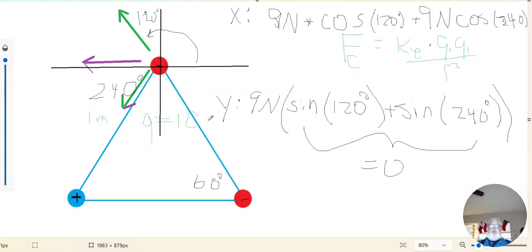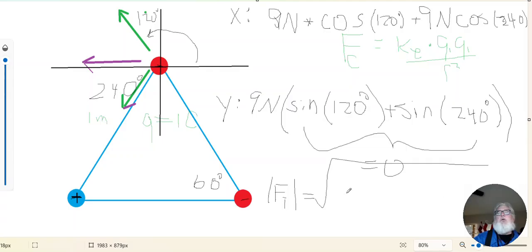Now you're going to do something very similar with your arrangement. You'll figure out what the various components are, the x components and the y components, and then you'll have to combine those in order to find the total magnitude. Remember, the magnitude of your total force, we use absolute value bars for the magnitude, is going to be the square root of the components added in quadrature.